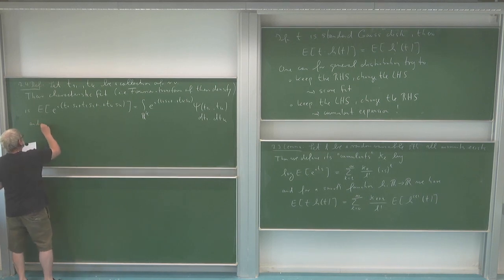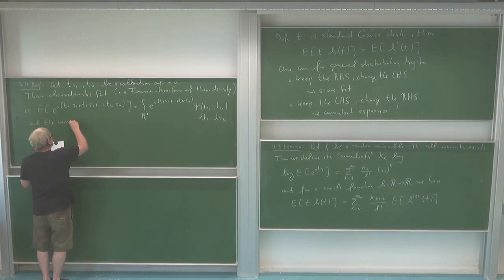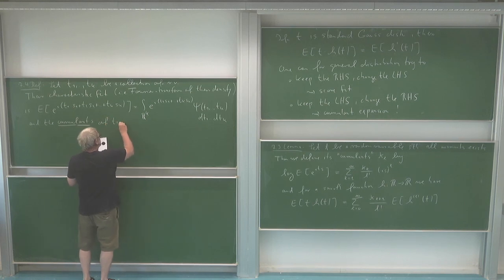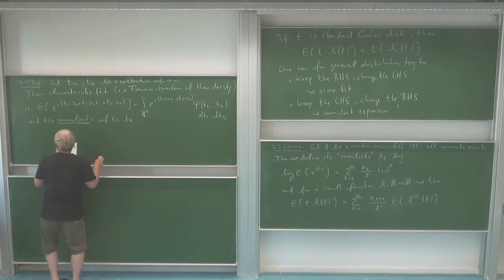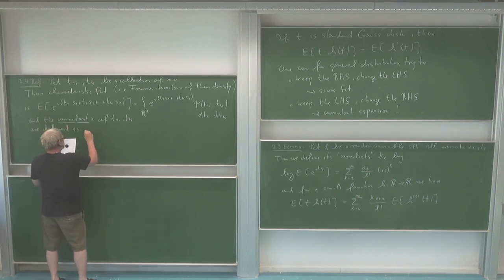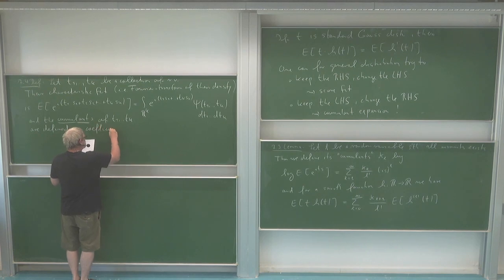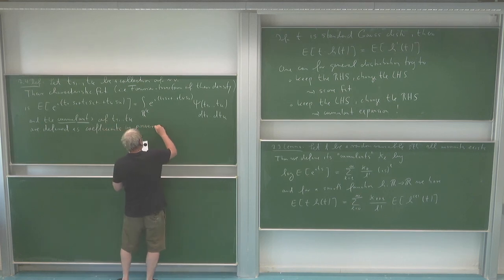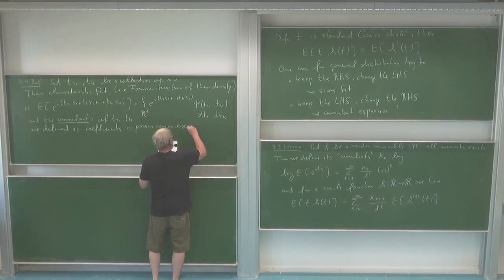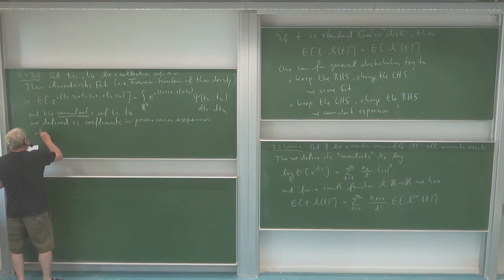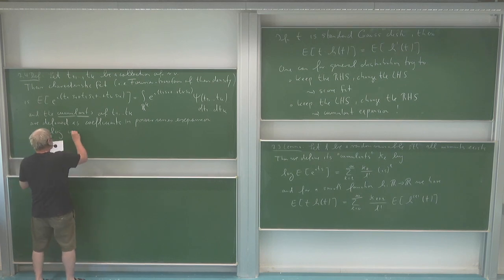So this is now a definition. The cumulants of my variables, t1 up to tk, are defined as coefficients in the power series expansion of the logarithm of the characteristic function.